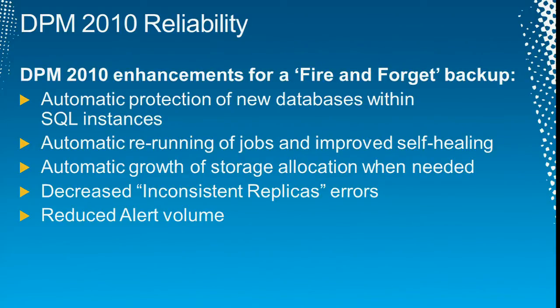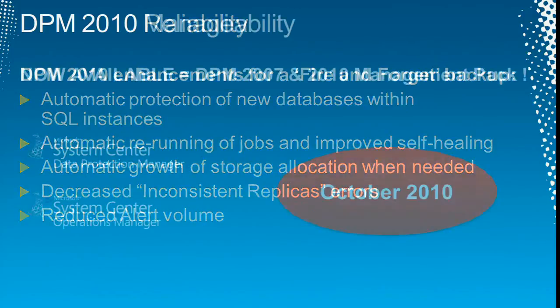Automatic growing of your storage if you want to. I showed you that checkbox. Fewer inconsistent replica errors and the possibility to check it itself. And much fewer alerts in your monitoring on the DPM console.